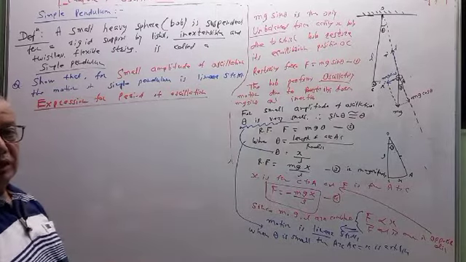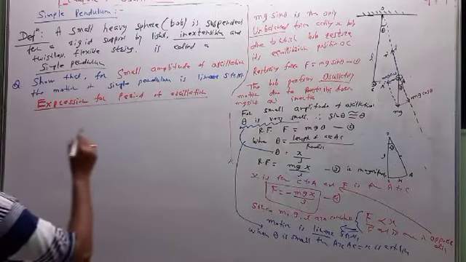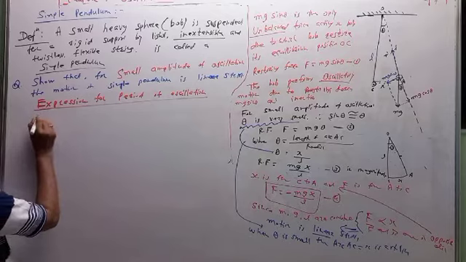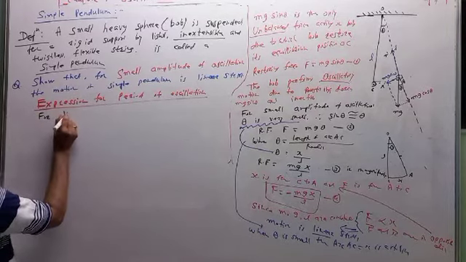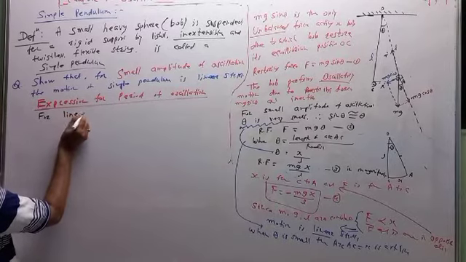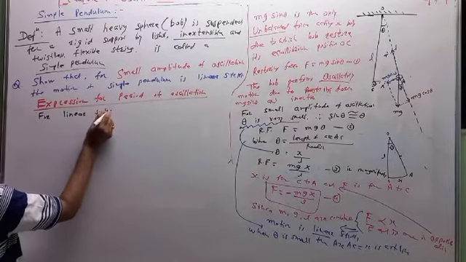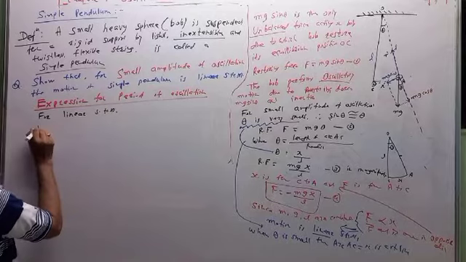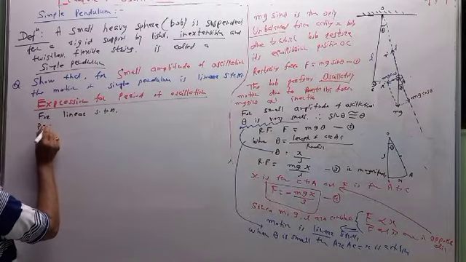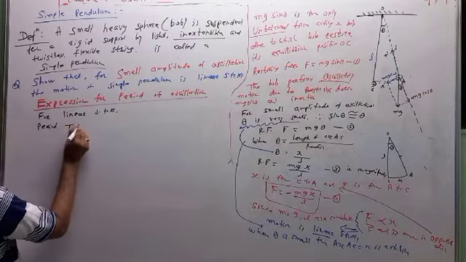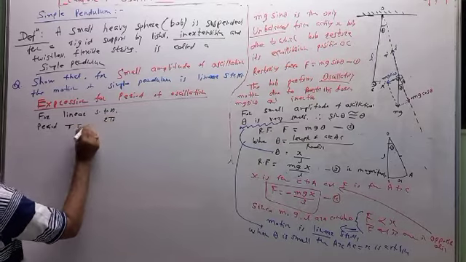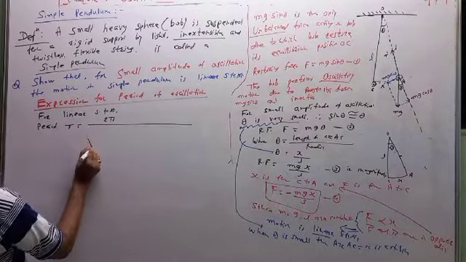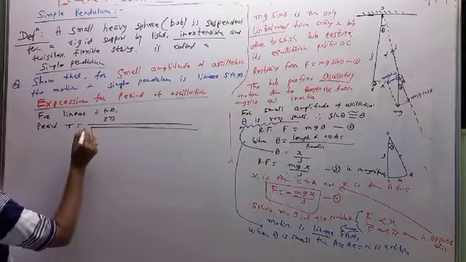And last time we derived this relation. So for linear SHM, period capital T is equal to 2 pi upon under root, and we have derived this relation separately.